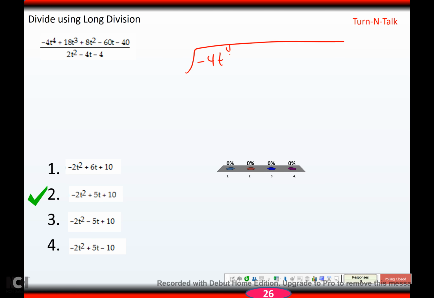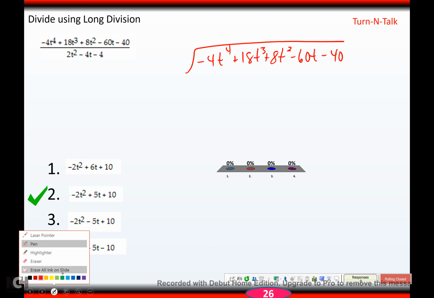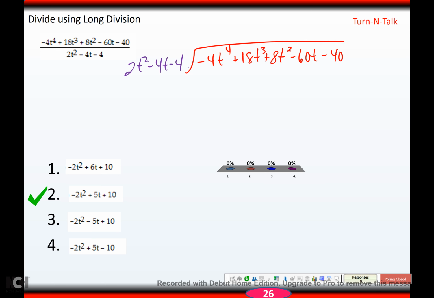Negative 4t to the 4th plus 18t to the 3rd plus 8t to the 2nd minus 60t minus 40. My divisor is 2t squared minus 4t minus 4. Going to the alley. I have negative 4t to the 4th divided by 2t squared is negative 2t squared. So that goes up. Negative 2t squared times 2t squared is negative 4t to the 4th.